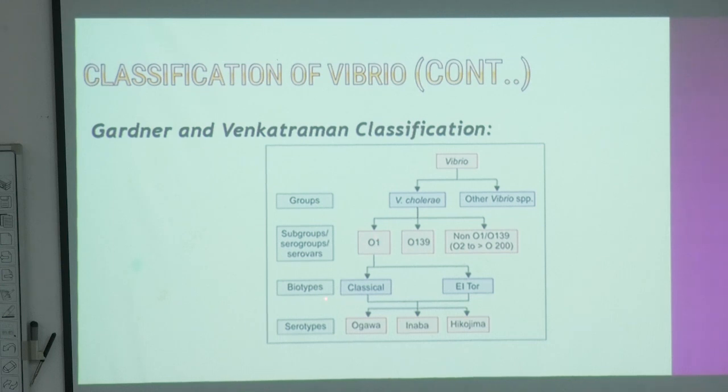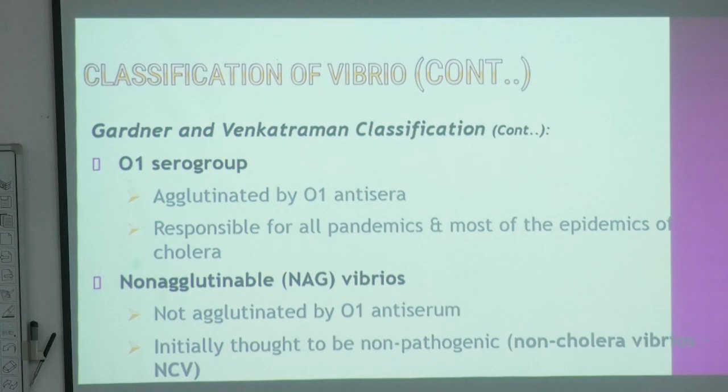O1 টার আবার দুটো ভাগ আছে বায়োটাইপ, one is classical and another is El Tor, আর এদের আবার তিনটে টাইপ হয় ওগাওয়া, ইনাবা, হিকোজিমা। These are very important also in MCQ. So these are Gardner and Venkatraman classification.